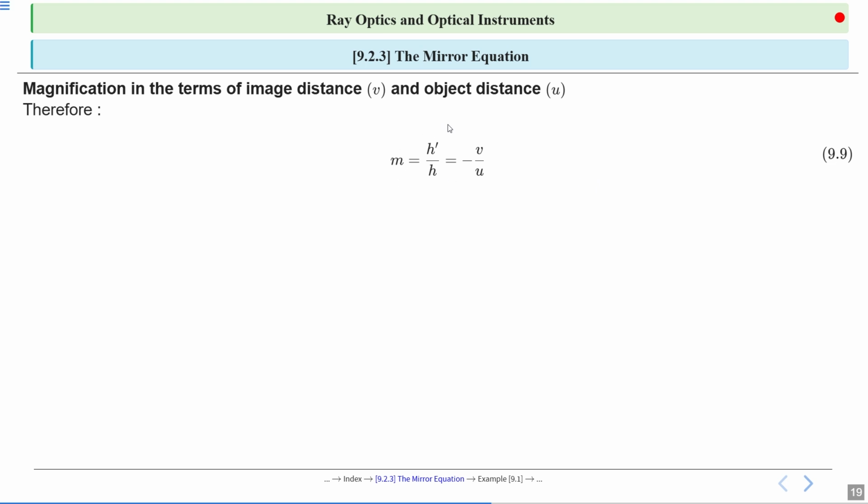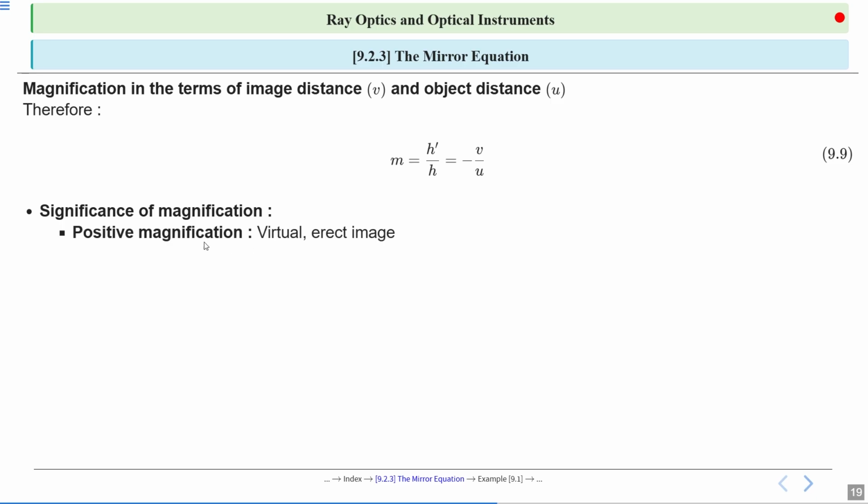So magnification can be represented in the form of the ratio of heights of image and object, and also in terms of image distance and object distance. Okay, so this is the expression for linear magnification. So, significance of linear magnification. Positive magnification means image is formed on the same side of object.